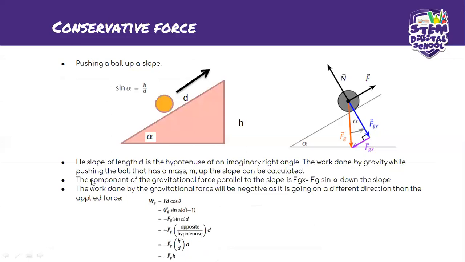Basically, you just use your work done formula, and you're just going to substitute everything, because this is a force, this is a distance or displacement, and this is a cos phi. So we substitute Fg sine theta for the F, and then the cos is minus 1, because it's negative. It's minus 180. It's cos 180, so it's going to be minus 1, and this is what you're going to have.